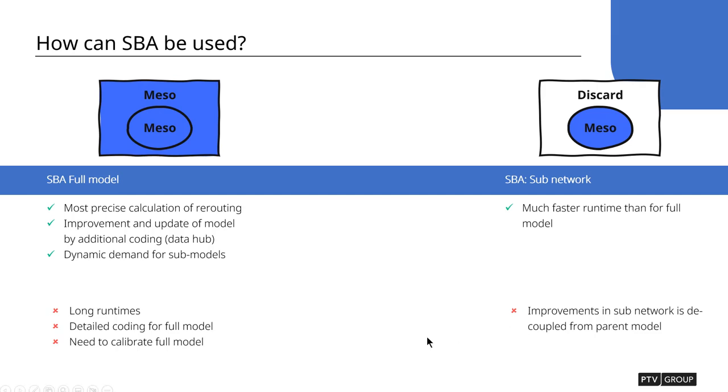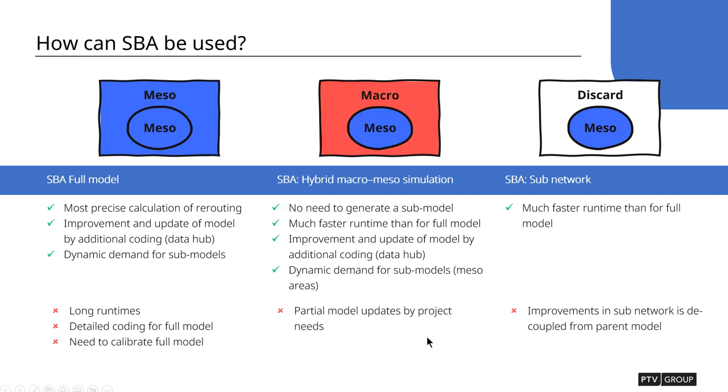And you have an additional option. You work with the full model, but you apply the additional option within SBA, the hybrid macro-meso simulation. Again, also here there are certain advantages. You do not need to create the subnetwork. The runtime is faster than on the full model.